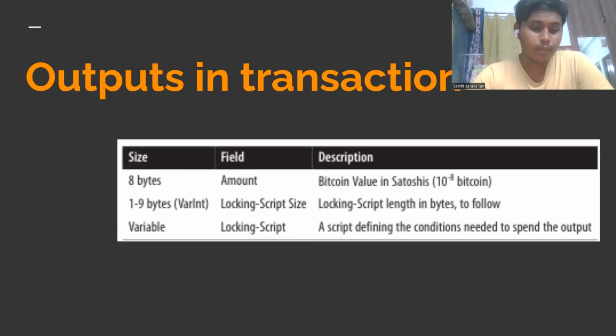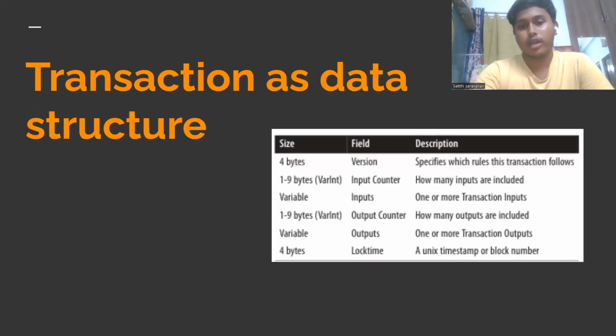Every Bitcoin transaction is supposed to create an output, and it will be stored along with the transaction in the Bitcoin ledger. So the address of this block of output transaction data structure will be present in this field of output.